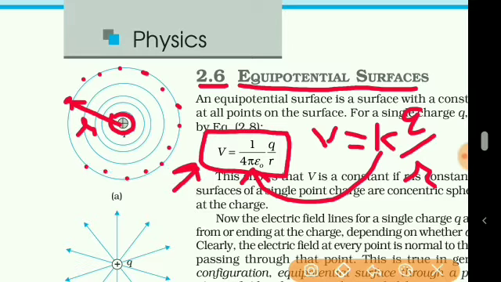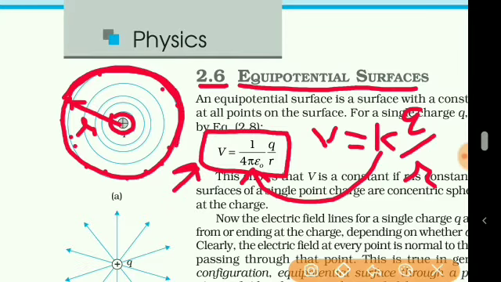We get infinite points with such distance, and so the potential at those points will be the same. So this type of surface having the same potential is called an equipotential surface.